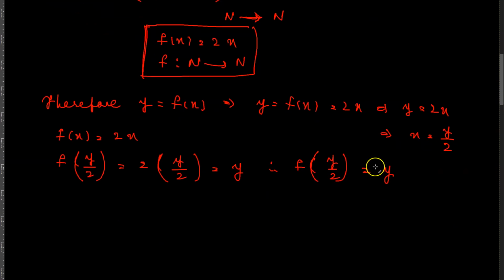Which means that for every y that I choose in the range of the function f, there is some element y divided by 2 that takes me to that element, right?